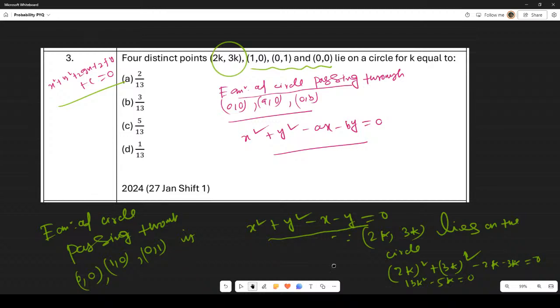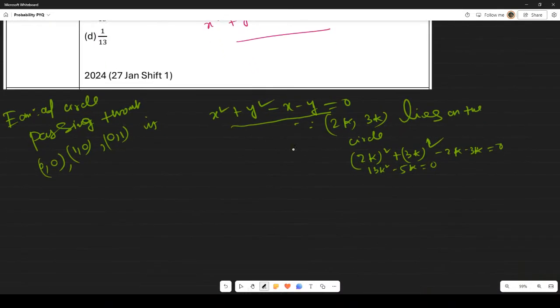This will give us, take k common, k times 13k minus 5 equal to 0. K is 0, or k is 5 by 13. Clear? Understood?